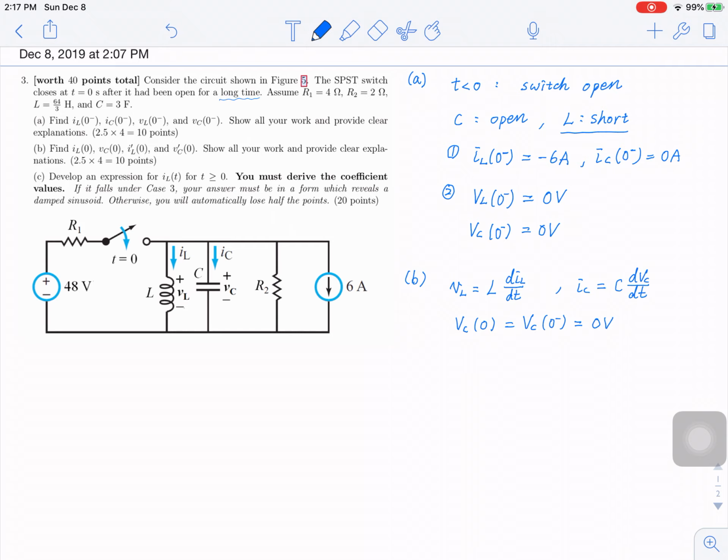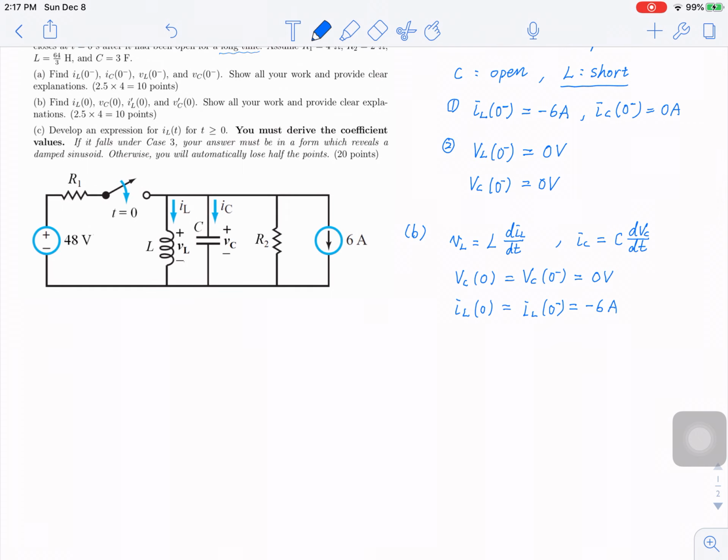And also the current through the inductor cannot change instantaneously, so IL(0) is equal to IL(0-), which is minus 6 ampere. Now we get this information.